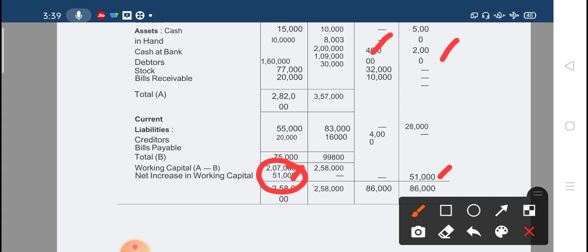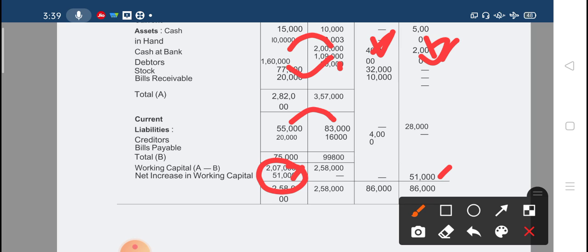If in current assets the amount is increased, the increased amount is written in the increased column only. If the amount is decreased, the decreased amount is written in the decreased column only.